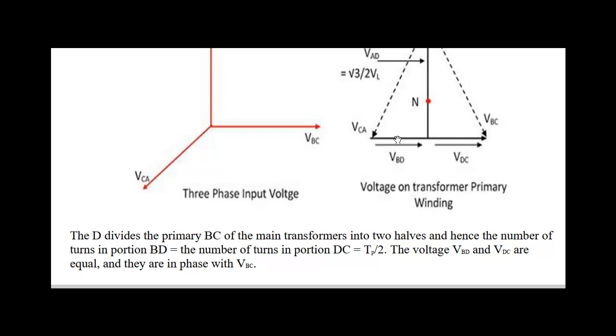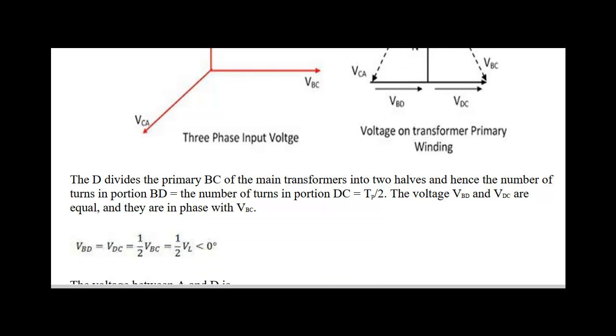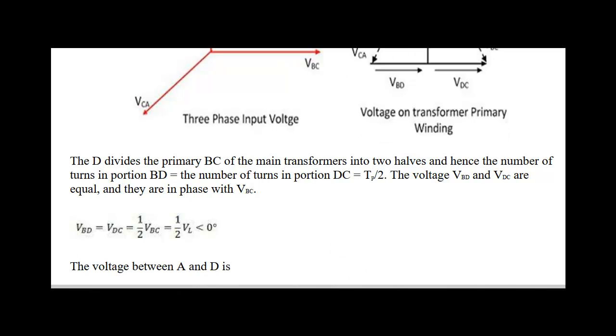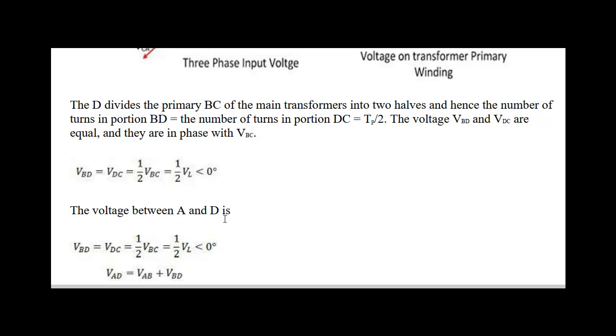We can see from here that VBD is equal to VDC, which is half of VBC, equal to VL/2, and the phase angle is 0 degrees. This is not a plus sign, this is the angle symbol. The voltage between A and D is VAD, equal to VAB plus VBD.